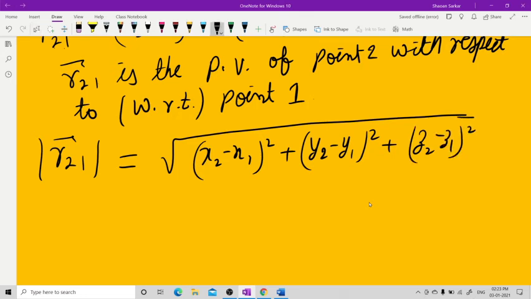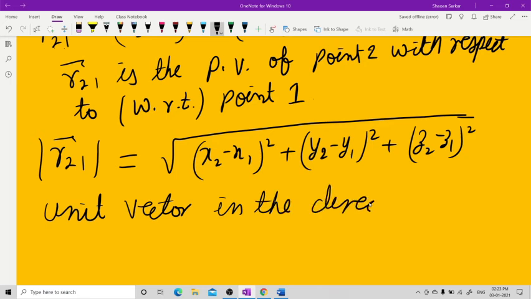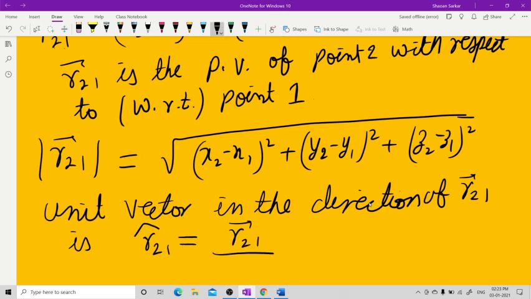Now the unit vector in the direction of R21 is R21 cap. You will use a cap for a unit vector. R21 vector upon the modulus of R21.